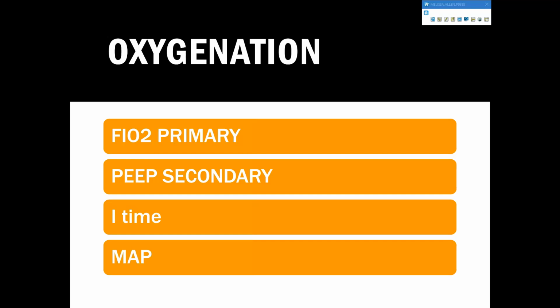And if you think about it, we're going to hold that air in and make those PEEP recruit. And so that's why we end up with the 1-to-1 IE ratios, or even a 2-to-1 IE ratio. So I time is for oxygenation.